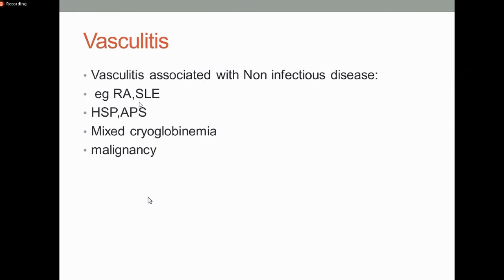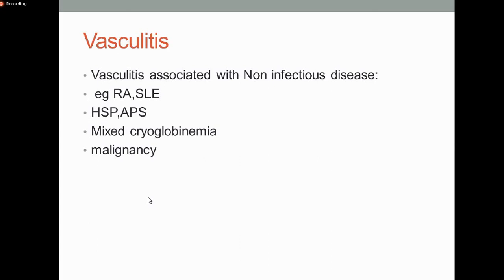So don't get confused with that. This is based on non-infectious causes. This classification includes rheumatoid arthritis, systemic lupus erythematosus, Henoch-Schönlein purpura, antiphospholipid syndrome, mixed cryoglobulinemia, and malignancies, which we covered, the tumor markers or antigen in certain kinds of vasculitis.